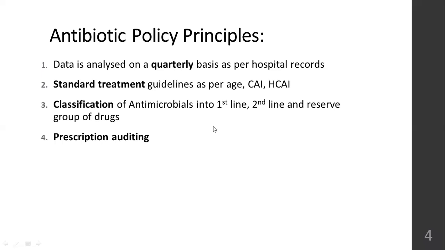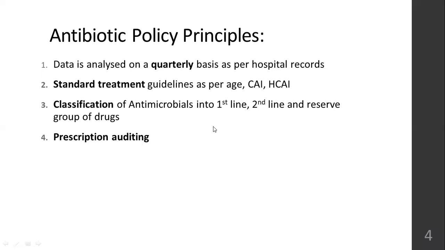Then what you have is prescription auditing. This auditing is done for the doctors who write the prescriptions and for the pharmacy, for the medicines. That is prescription auditing, just to see why the doctor has prescribed antibiotics. Is there a proper rationale to it? They will also check the pharmacies: are they giving antibiotics as per what has been prescribed, or are they giving something else?